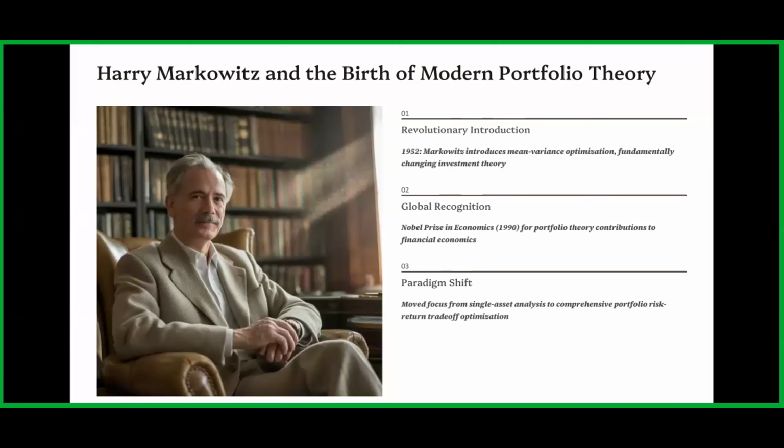In 1952, Markowitz analyzed that, because at the beginning of the 19th century there was the industrial revolution in the Western world, many companies were formed in the Western region, like Europe and America.